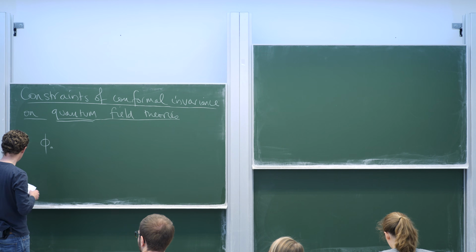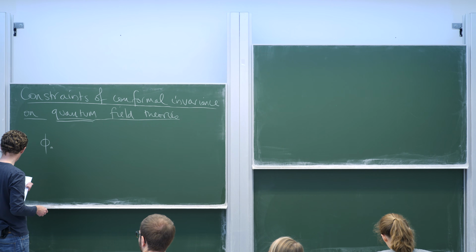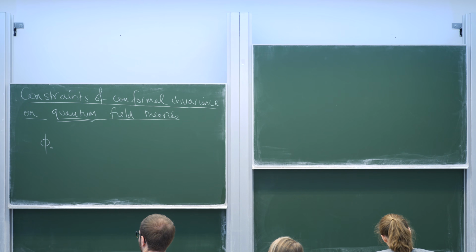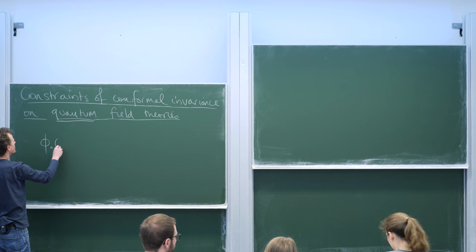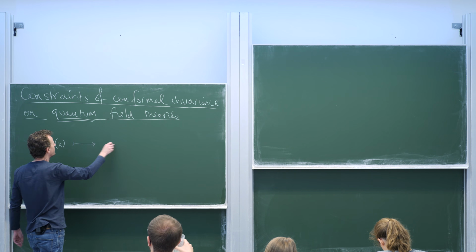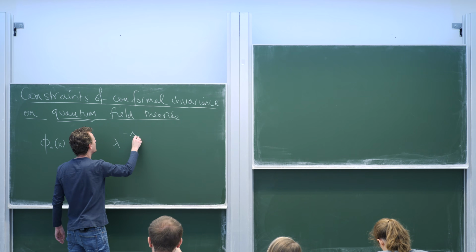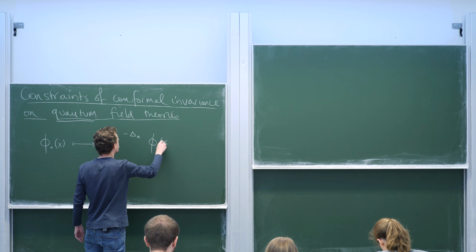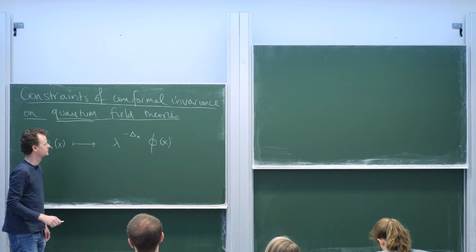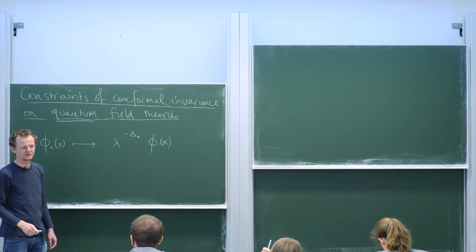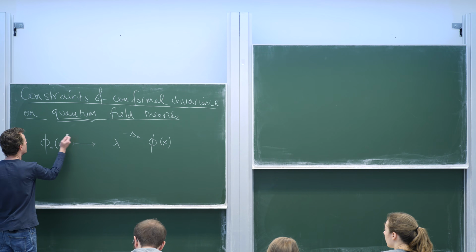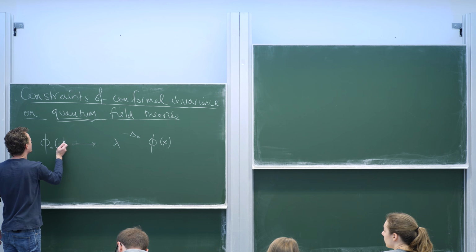So if you recall, if I can find it to make sure I use the same notation today, when you do a dilation on a classical field, then it is transformed something like this. Did I have a minus there last time? Okay, good.